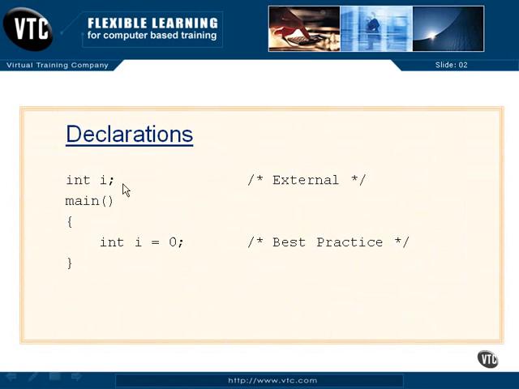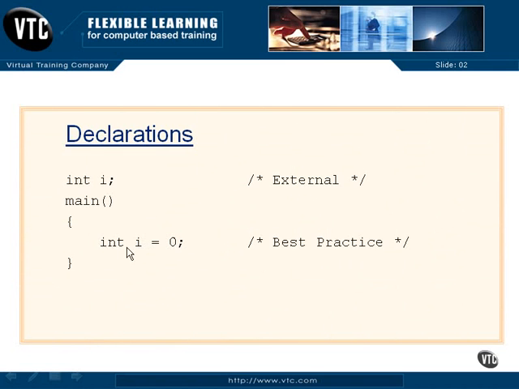Now here's an option where we have created an external variable. Here's an integer I, and it's outside of our program. Here's our little main program, or our main function, which at this point is our entire program. So this is an external variable, and it lives in a different place in the computer than this integer I does down here. This is an automatic, and it is declared and initialized at the same time.